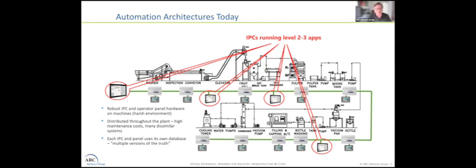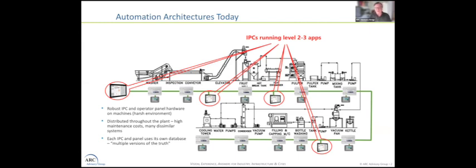At the very left-hand side, that looks to me like a line PC. It's sort of the master PC that gathers information from all of the machines along the line and stores it, visualizes it, allows complete line maintenance and operation.